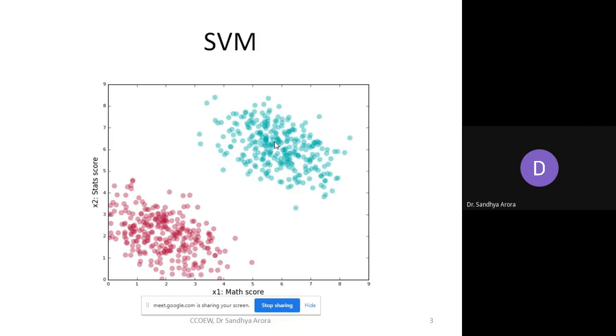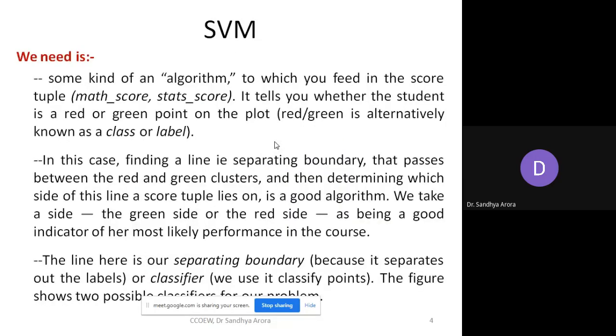So we need a classification strategy, an algorithm, and using that algorithm we can classify this data. This is what we are talking about: a classifier or separating boundary.